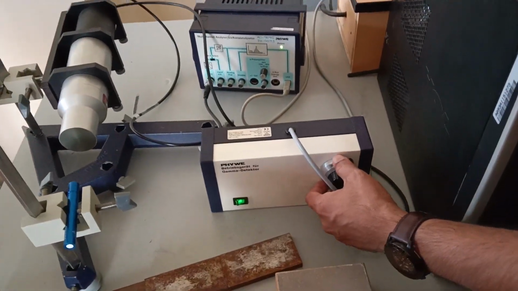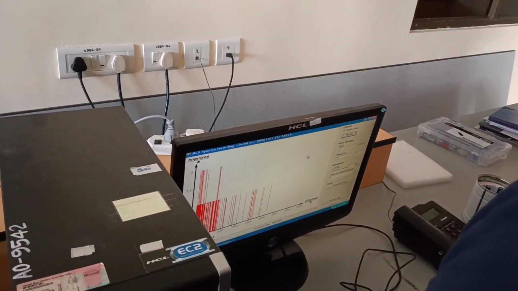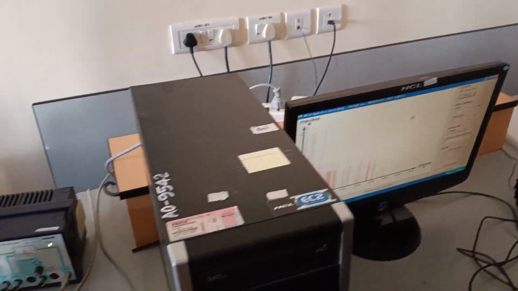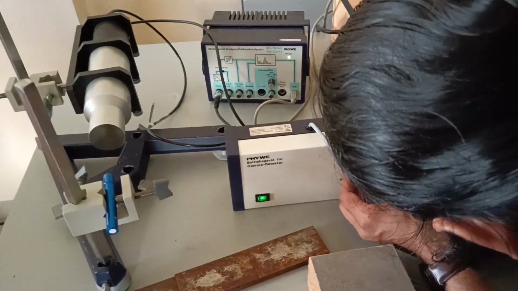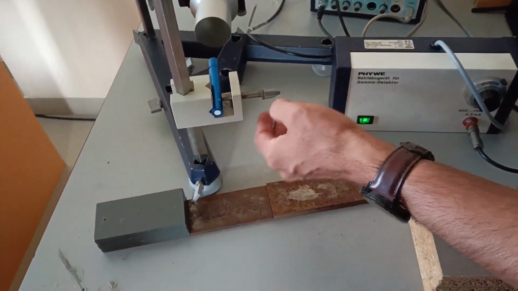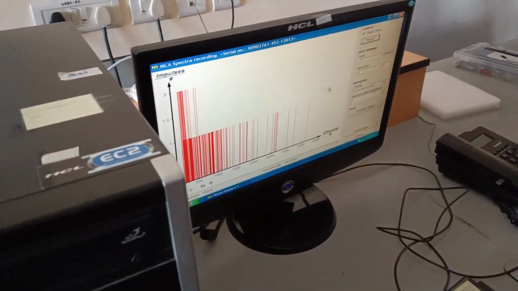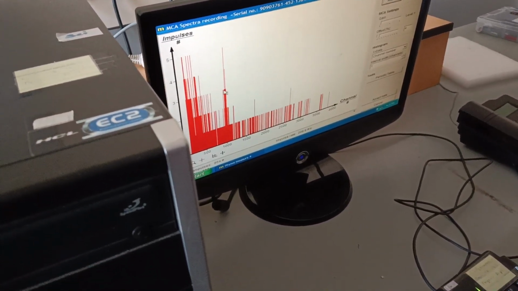So the voltage is not sufficient, so I'm going to increase this voltage and move the source a bit closer. So this peak is the 511 keV gamma ray.